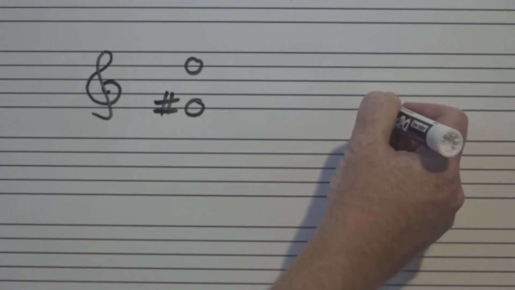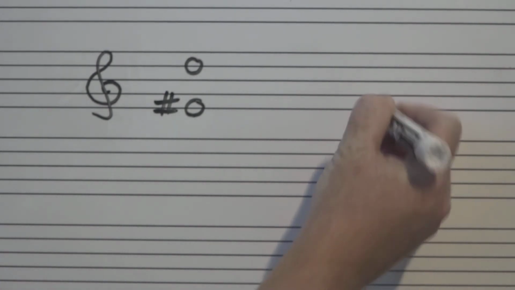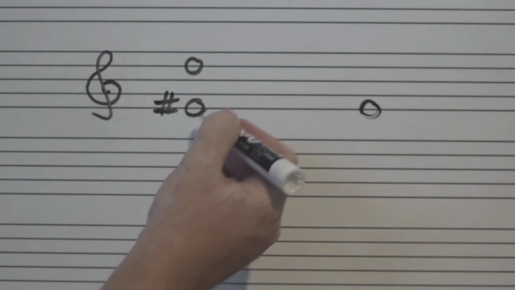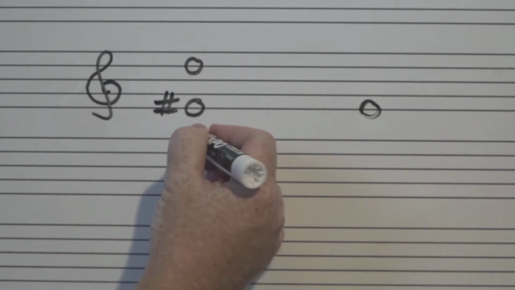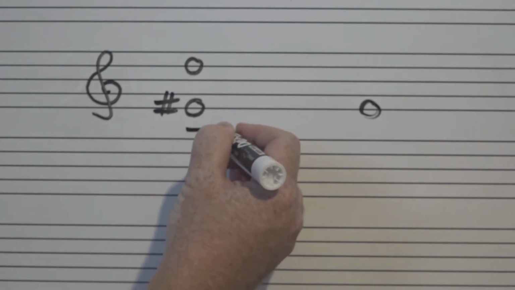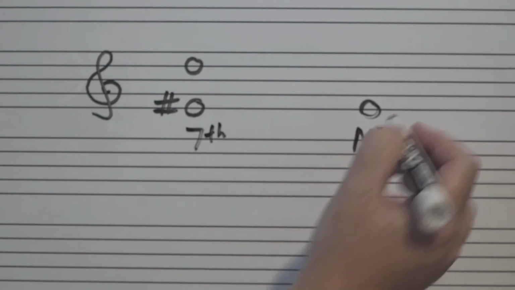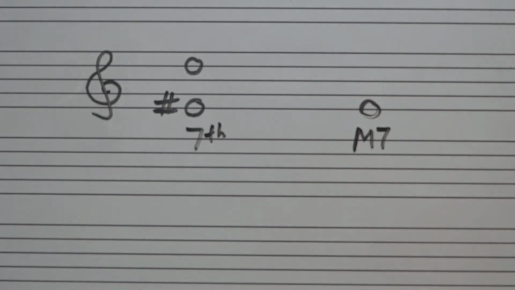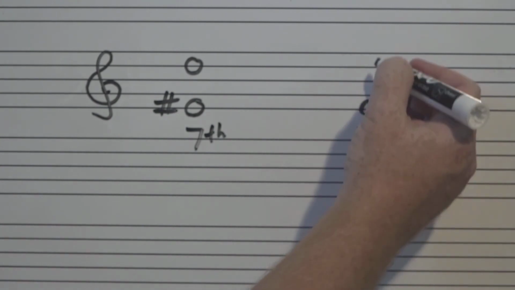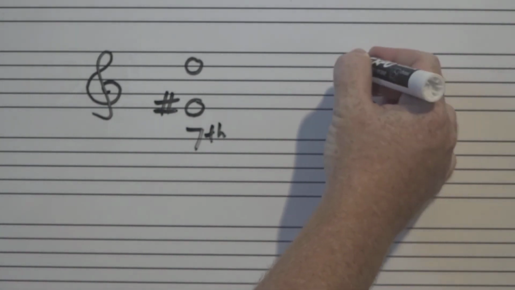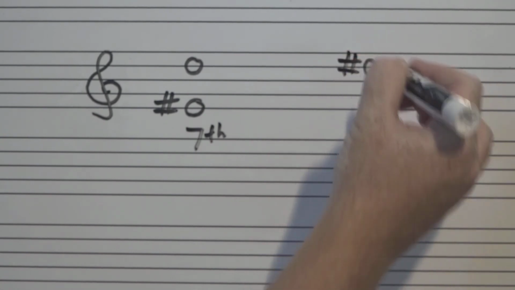Well, let's start with something we know. Let's start with an E. Now remember, this is some kind of E to some kind of D, so it's going to be a seventh. So let's figure out the major seventh first. Our E major scale has a D sharp.